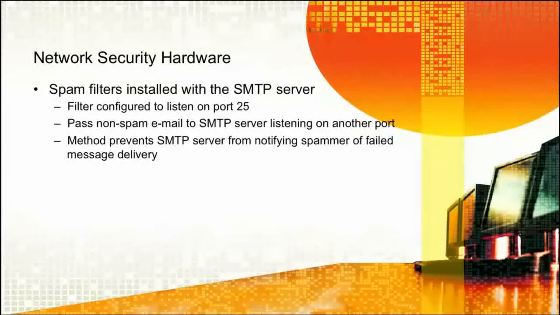Spam filters installed with the SMTP server filter configured to listen on port 25. They then pass on non-spam email to SMTP servers listening on another port. This method prevents SMTP servers from notifying a spammer of a failed message delivery.